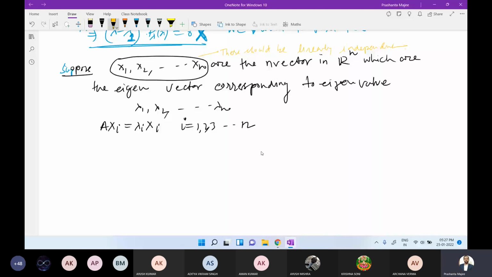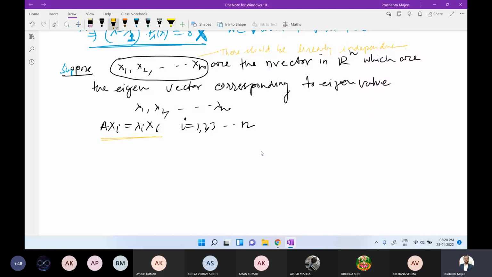So anyway, we have assumed x1, x2 up to xn are the eigenvectors corresponding to the eigenvalues lambda 1, lambda 2 up to lambda n. So this requirement is satisfied. Now dimension of Rn is n. So any n linearly independent eigenvectors in Rn will form a basis of Rn.